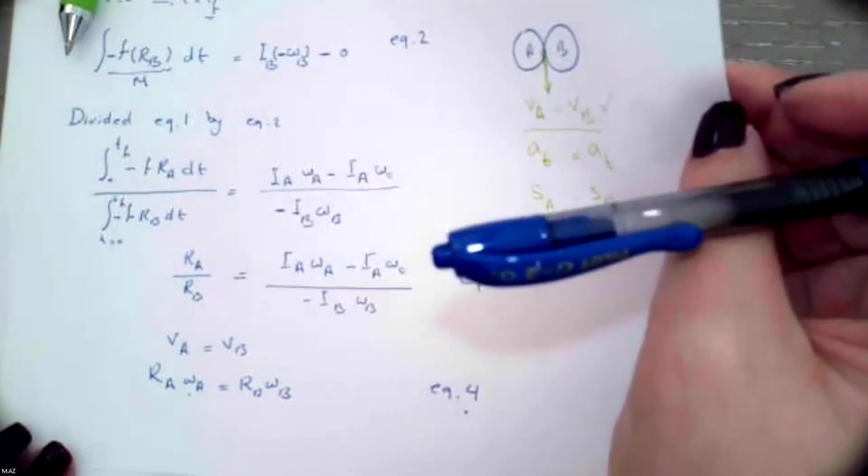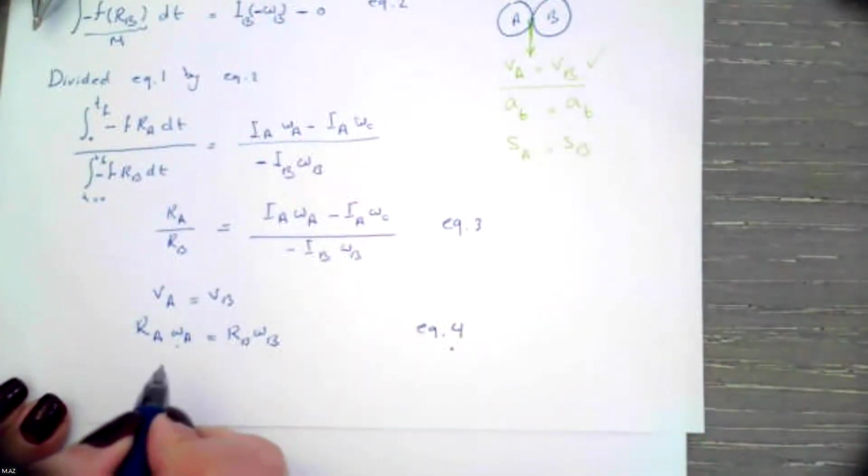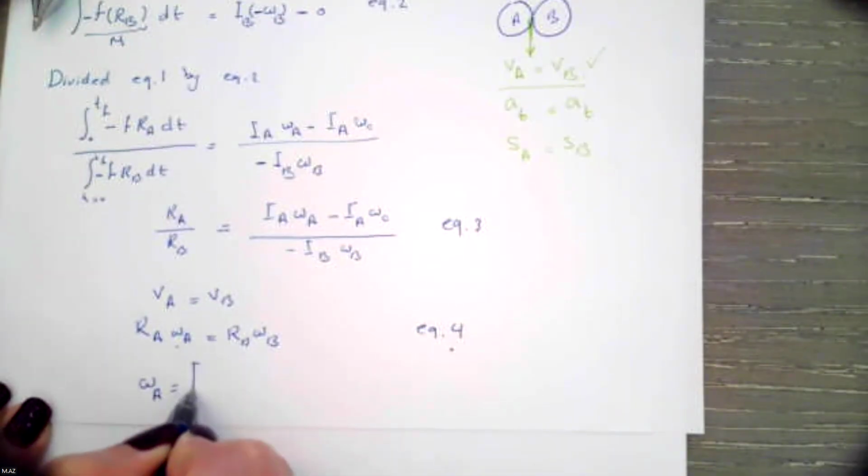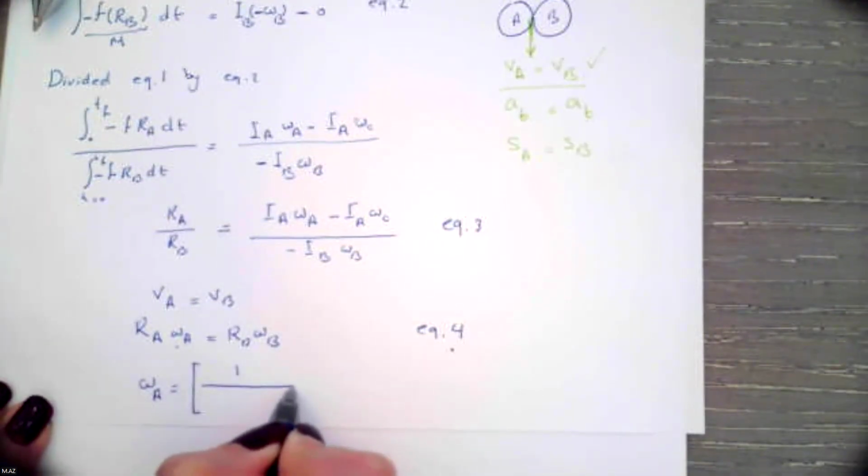Once we solve these two equations, the value of omega A will be 1 over.